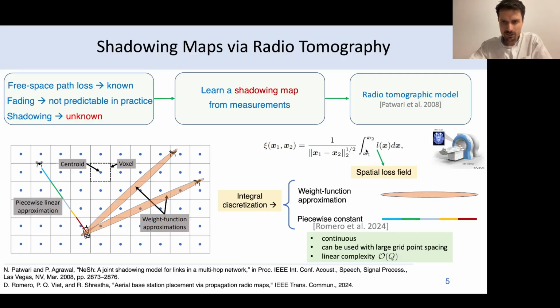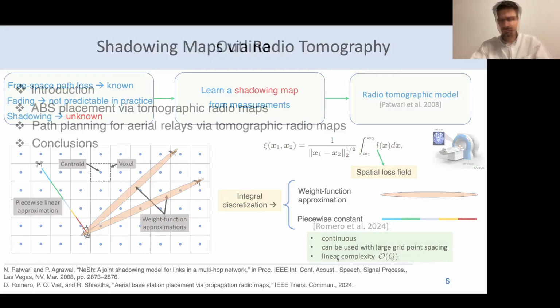So the line integral of a piecewise constant function is very easy to compute, and this has a linear complexity in the number of grid points in each dimension.